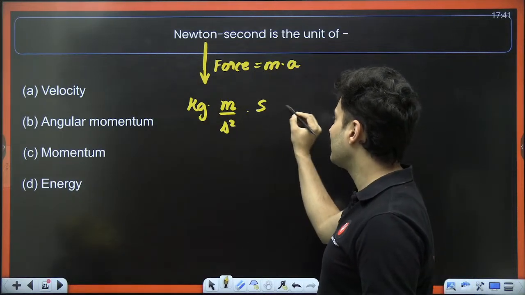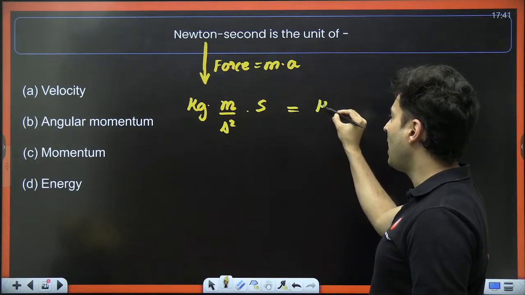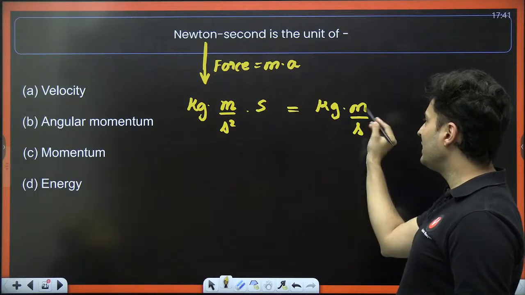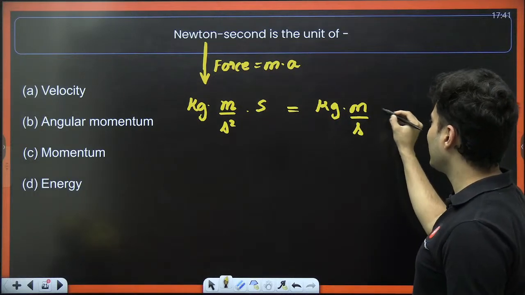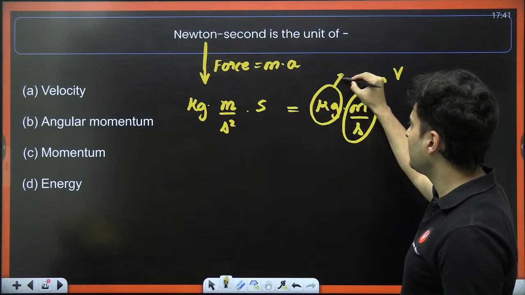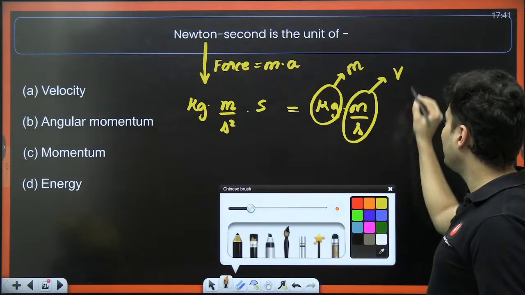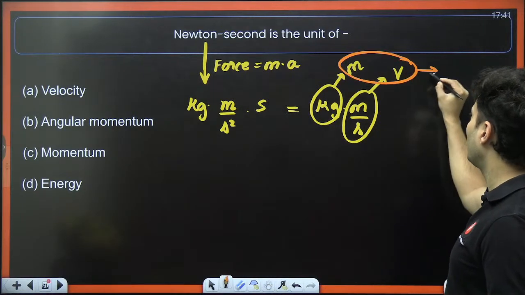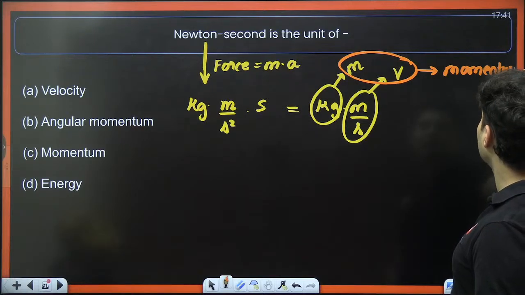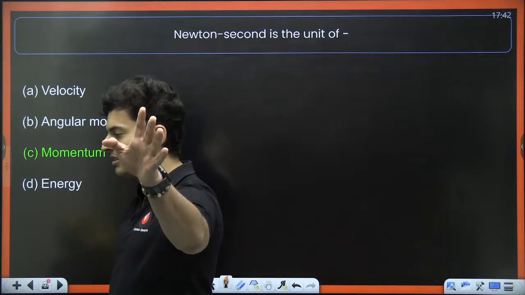Multiplied by seconds, the second will cancel, and I will have kg meter per second. Meter per second is the unit of velocity, and kg is the unit of mass. So mass into velocity, my dear warriors, is nothing but momentum. So the answer must be C.